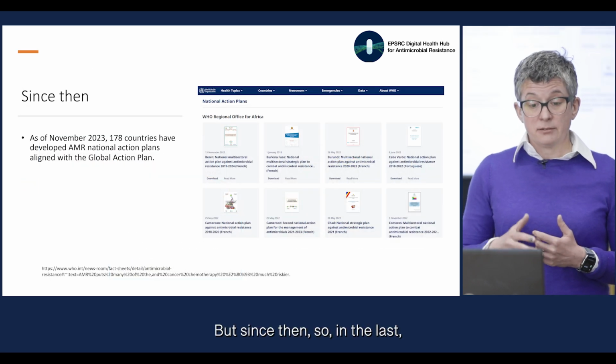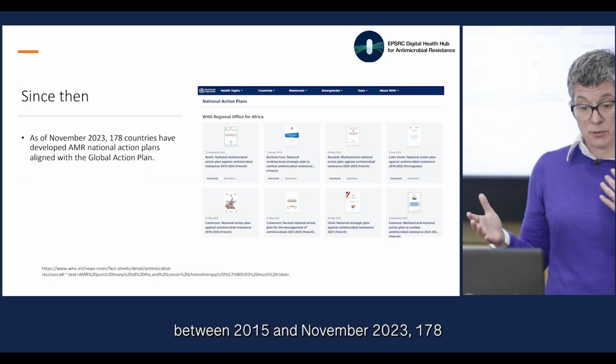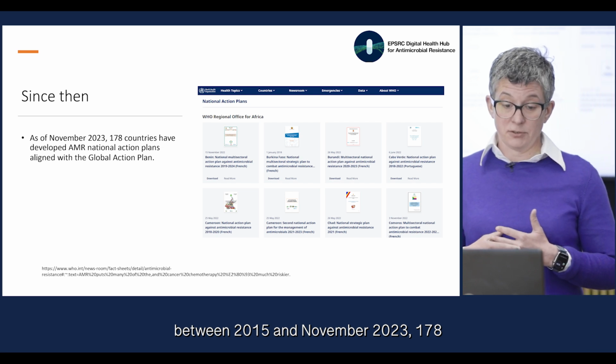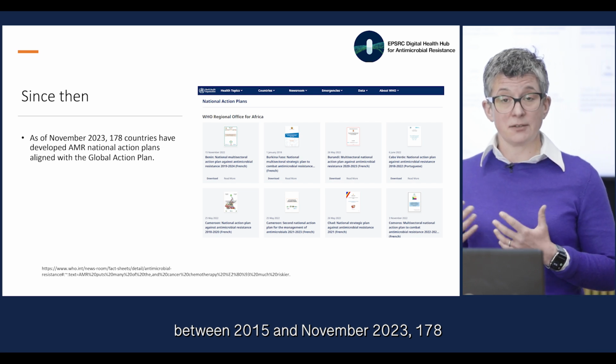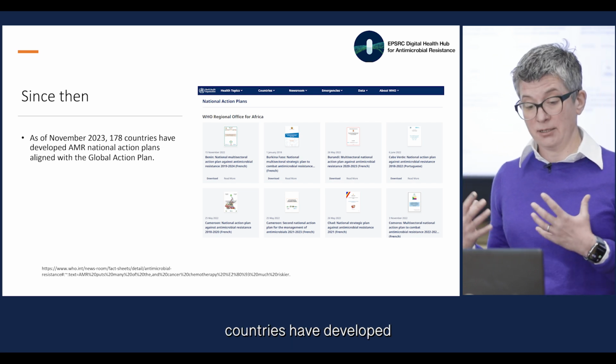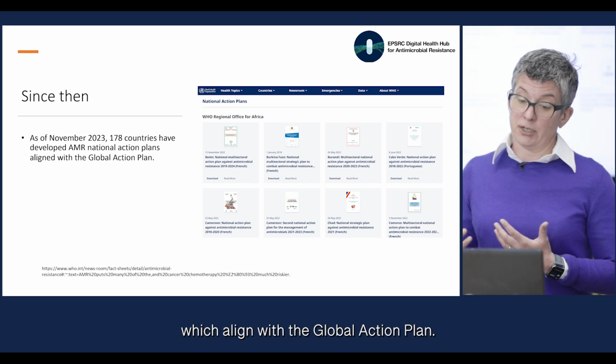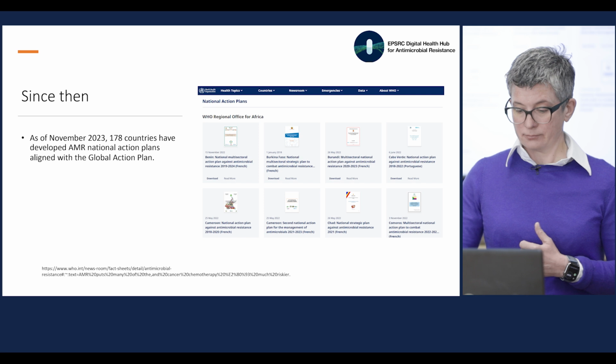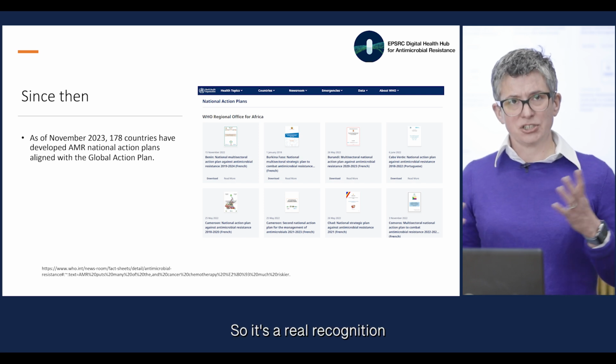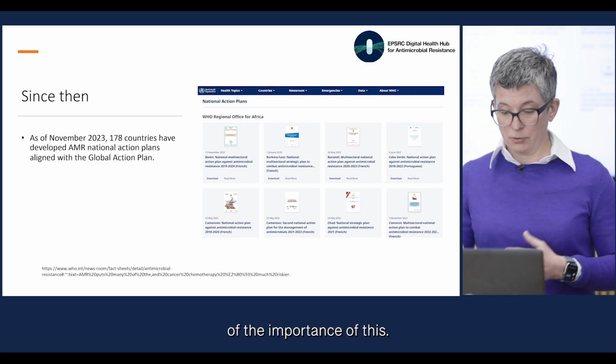But since then, in the 8 years between 2015 and November 2023, 178 countries have developed antimicrobial resistance national action plans which align with the global action plan. So there's a real recognition of a global perspective of the importance of this.